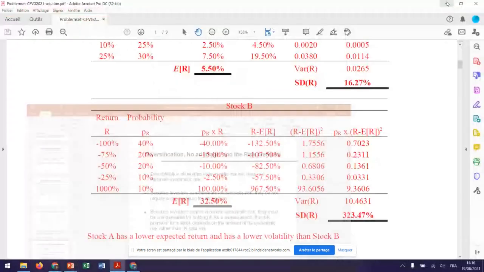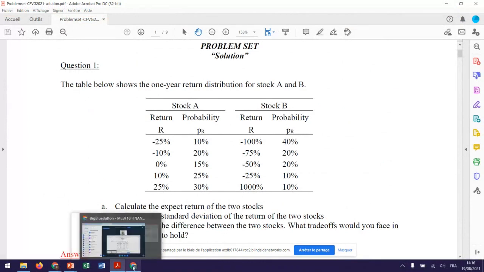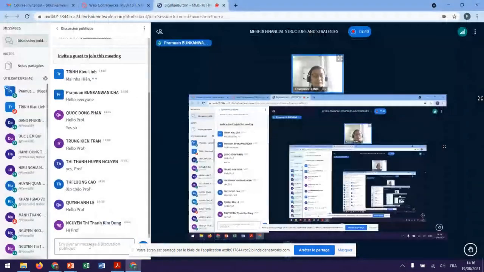And then I asked you to look at problem set number one. Anyone in the room here have done the calculation? Anyone?